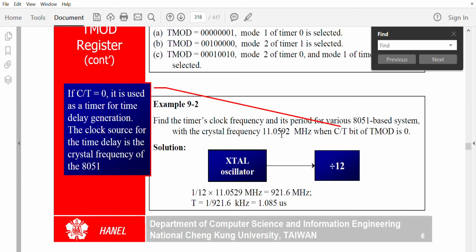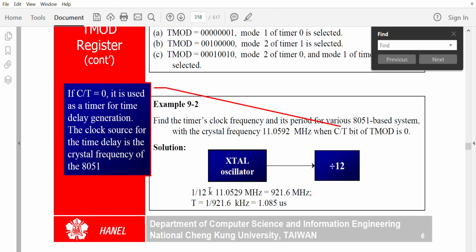So in the case of a timer, it is always 1 by 12 of the clock frequency. The crystal oscillator is divided by 12, and that will be the clock frequency of the timer. That is a constant in the case of 8051.